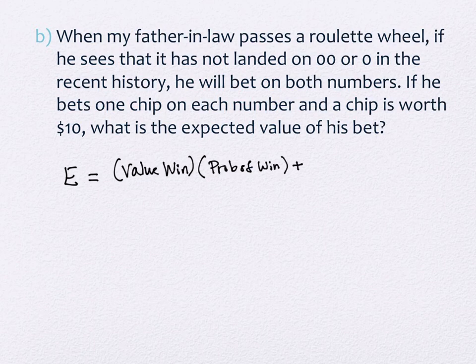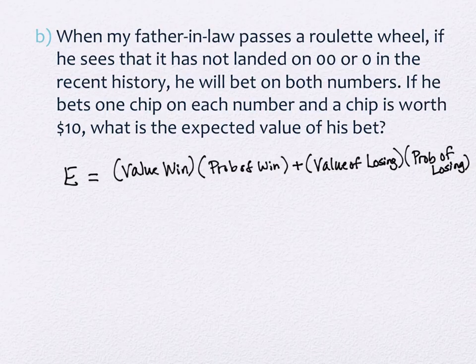The other possibility is that we have the value of losing, times the probability of losing. Now, we've actually looked at this already a little bit in conversation. So let's piece together the things that we maybe have already discussed.